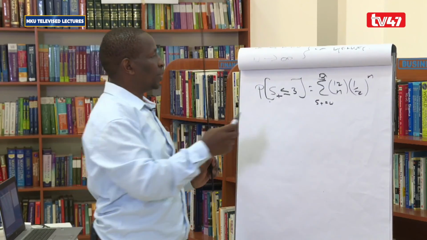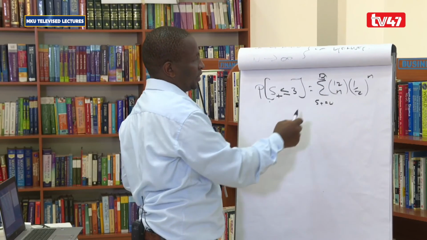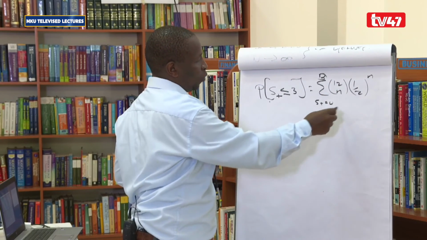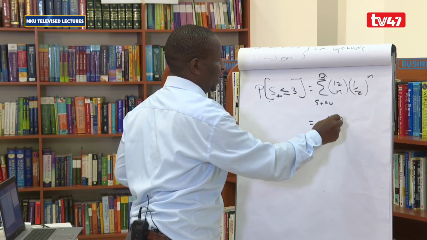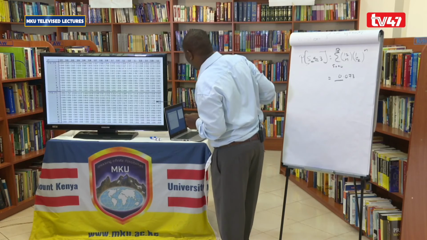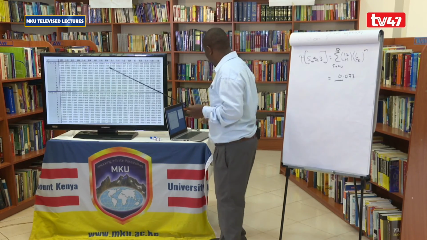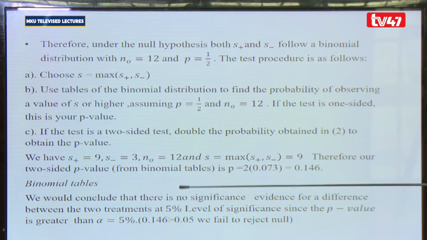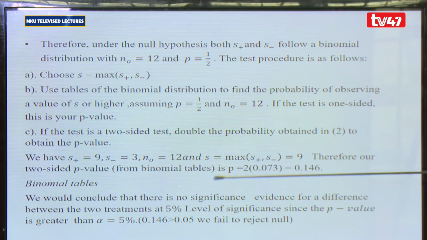That is what we are having, and if you open up this one, we are getting the value 0.073, which we have doubled to get 0.146.